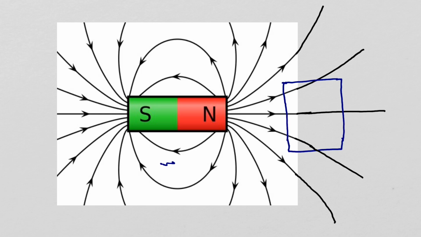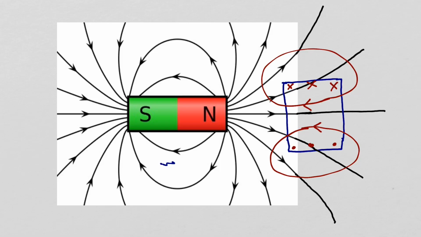So here is that induced field, and to generate that, we have to have bound currents flowing around the perimeter of the diamagnetic material, going into the page at the top and out of the page at the bottom. Again, put the fingers of your right hand in the direction of the current flow, and your right thumb points in the direction of the magnetic field inside the diamagnetic material.